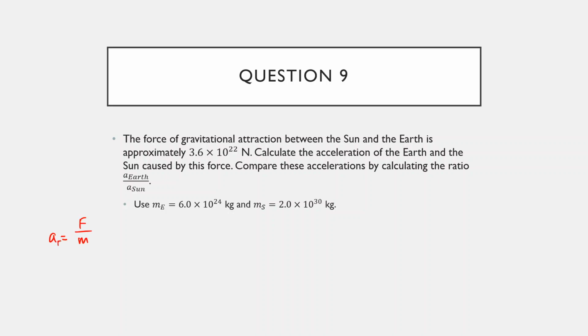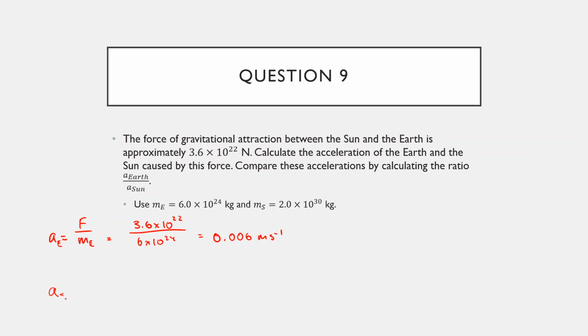So let's do the Earth first. I'm going to do 3.6 times 10 to the 22 over 6 times 10 to the 24. And you end up getting a pretty small number, 0.006 meters per second squared. It's small, but give it enough time, it will reach a large enough speed.